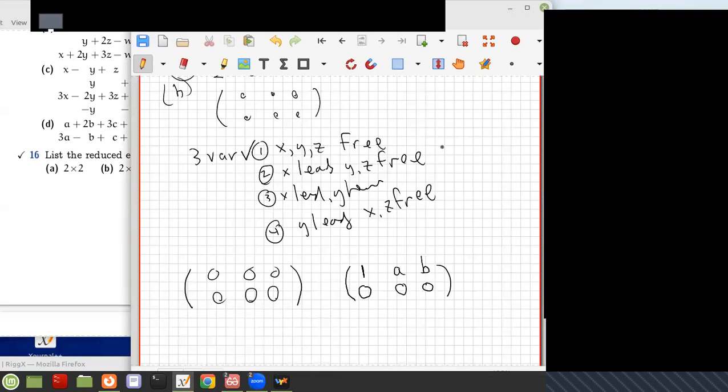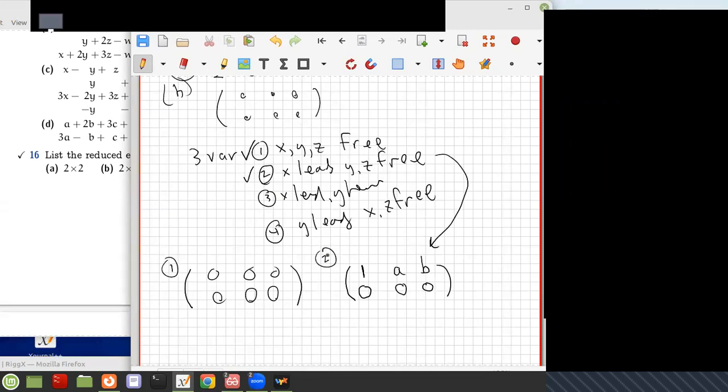So this is case 2, where X is leading and Y and Z are free. So I think this captures all the possible ones there, right?